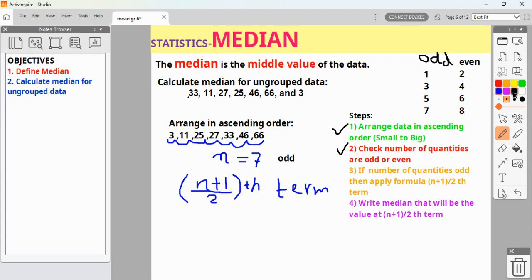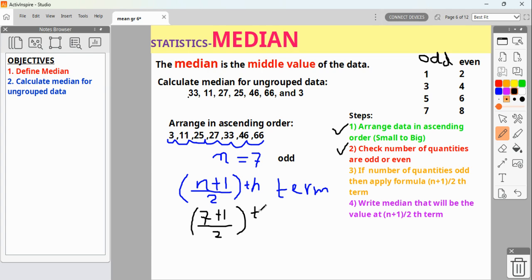So what to do next is n means we will put n is 7 because we have 7 quantities. This 1 will come same, plus 1 over 2. This 2 and 1 are written in formula. We will copy down same over 2th term.